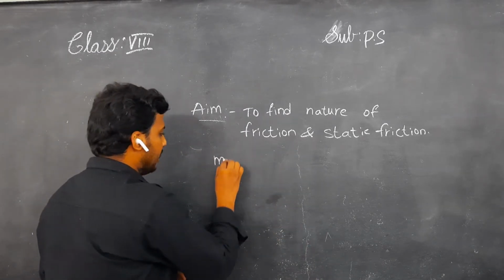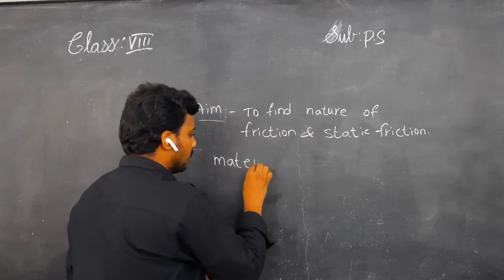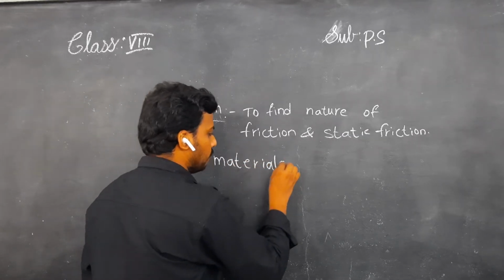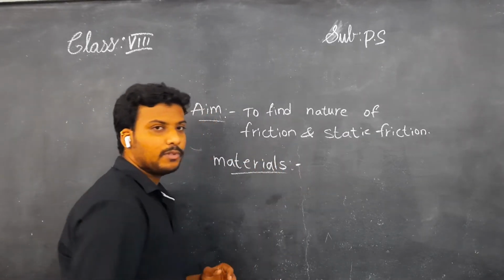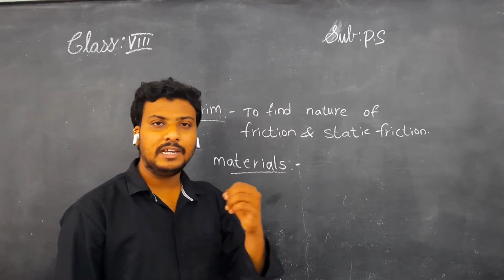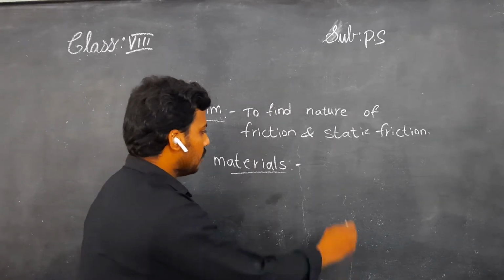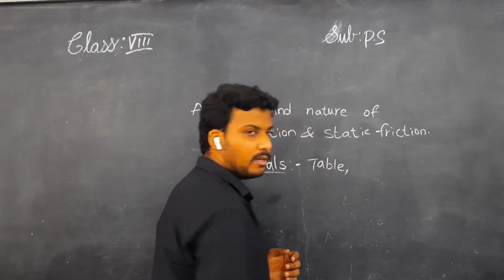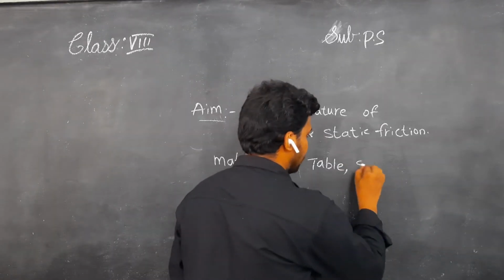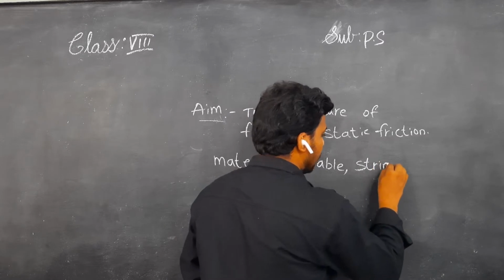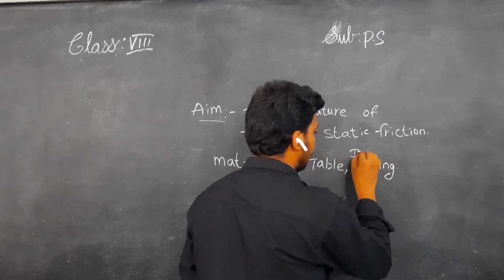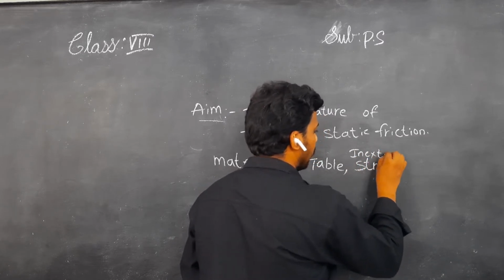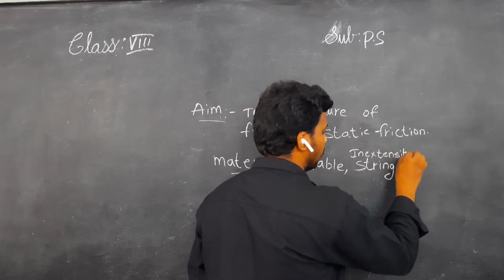And materials, children. To perform an activity, what do we need? Mainly we need materials. First one, we require a table. Later we need string. Which string? Inextensible string. What is inextensible, children?